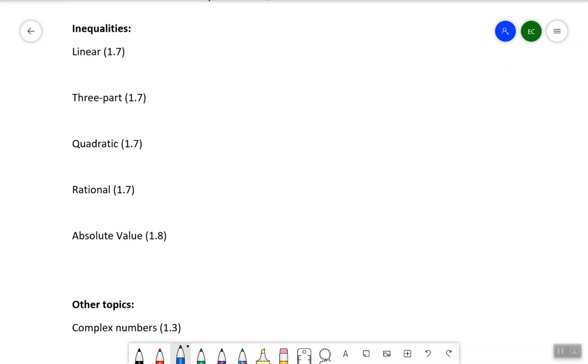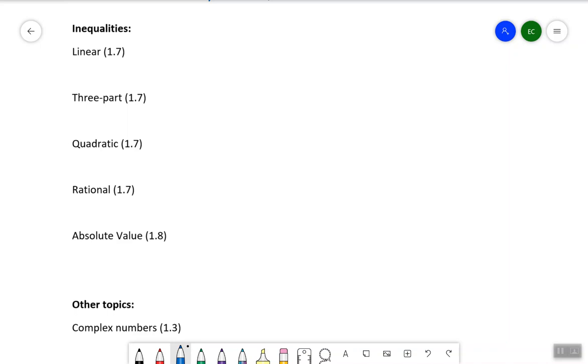So we learned to solve a linear equation, and we learned a linear inequality, for example. And so what was the big takeaway from a linear inequality? It was probably just that we have to switch the direction of the inequality symbol whenever we multiply or divide the inequality by a negative number. So don't forget that one.